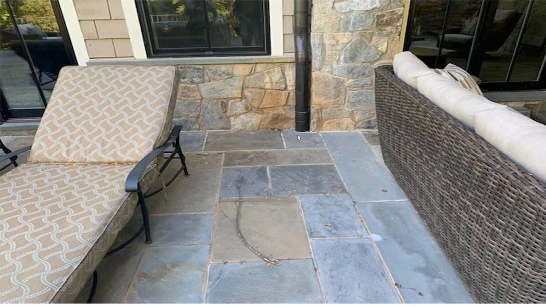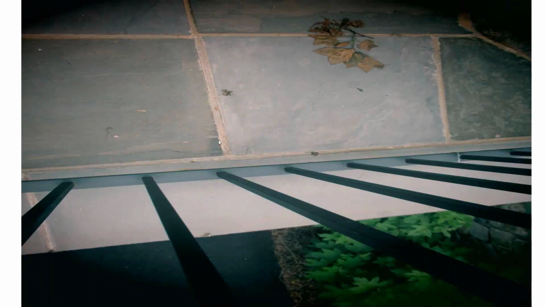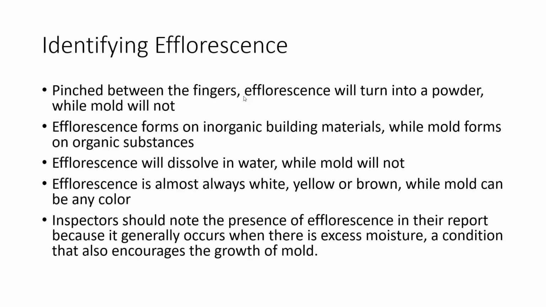All these penetrations right here. Mortar joints that they appear to be sealed, but they're not. You can see they're starting to have efflorescence, and that's because it's back feeding this patio.